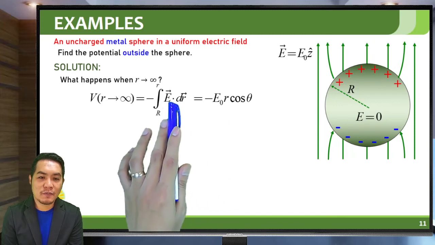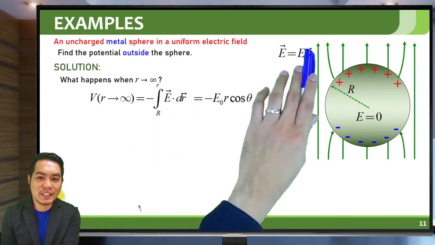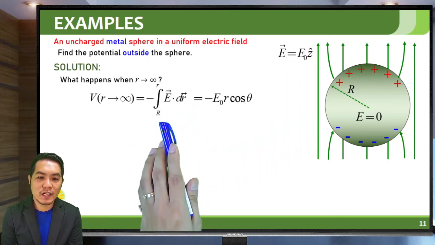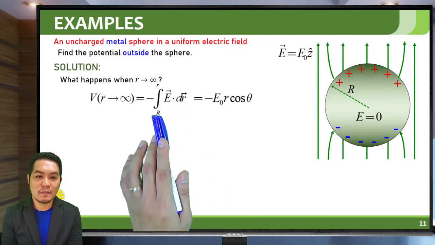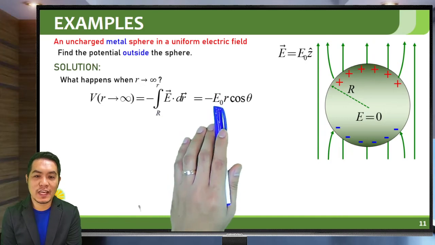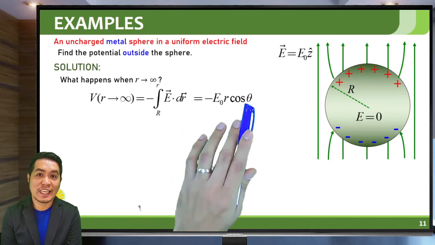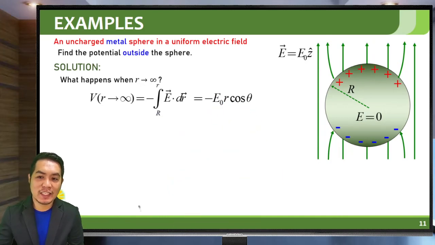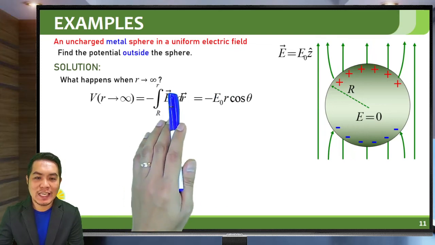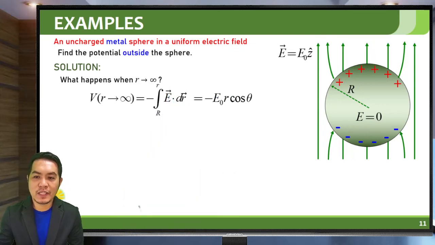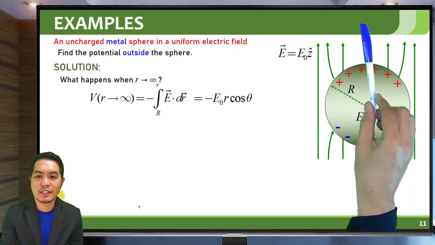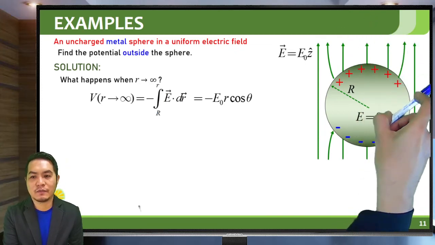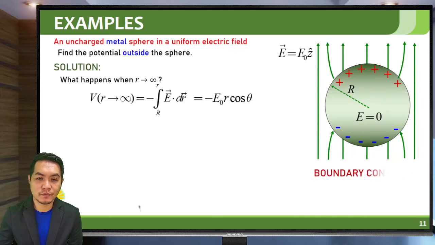The electric field at r is E naught z. The electric field at capital R, at the surface, is 0, so the lower limit evaluation corresponds to 0. Only the upper limit remains, negative E naught r cosine theta, where theta is the angle between E and r. So basically the polar angle, that's your z-axis, and that is your theta measured from the poles.